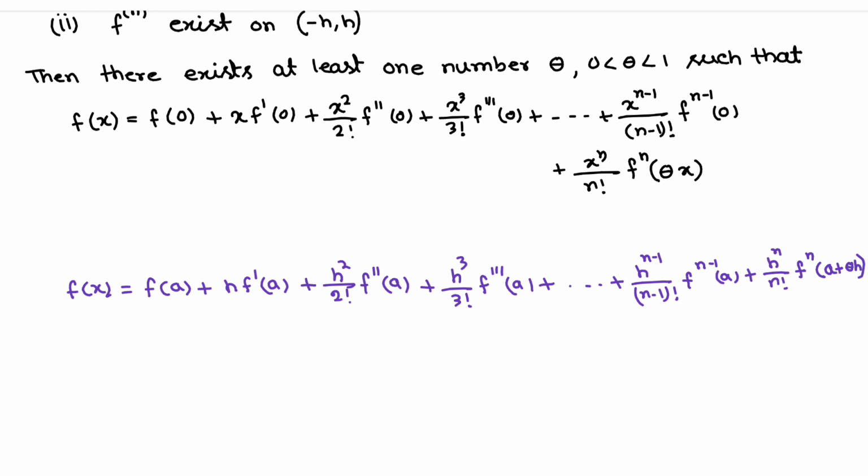This was Taylor's MVT, a second form of Taylor's MVT with Lagrange remainder.